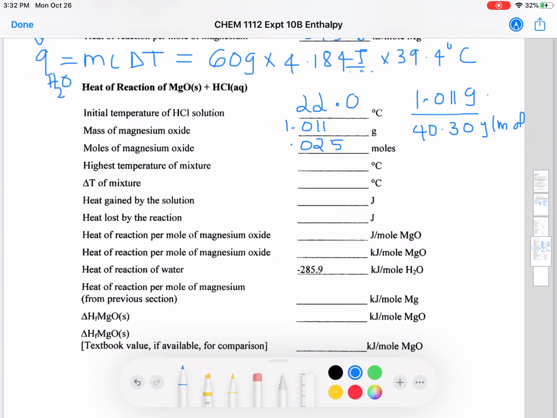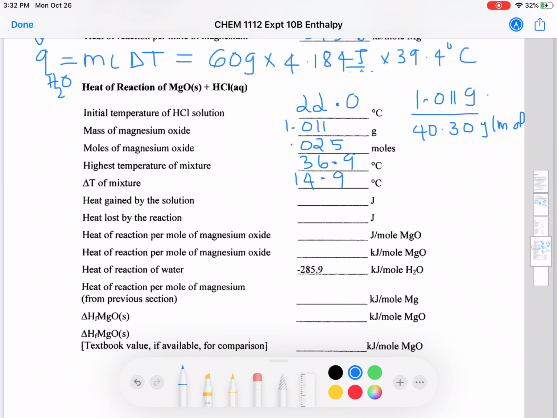And then the highest temperature of the mixture, 36.9. You find this data in your data sheet, and delta T would be 36.9 minus 22. That would be 14.9. And then heat gained by the solution. Again, the same process like before. You can calculate the heat gained by the solution.